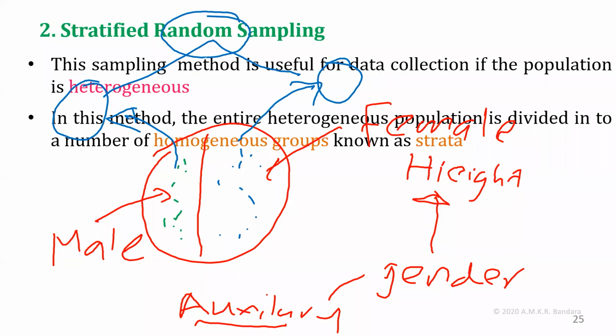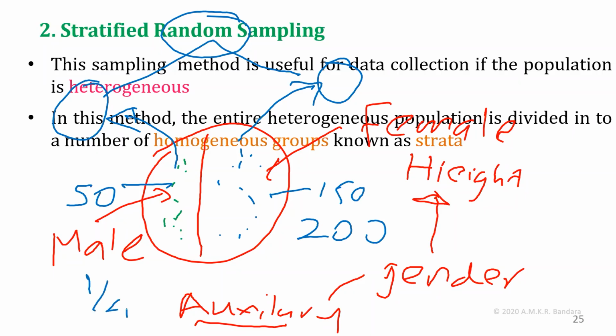So separately, assume your batch size is 200, and there are 150 females and 50 males. So here 1/4 of your batch is male and 3/4 female.